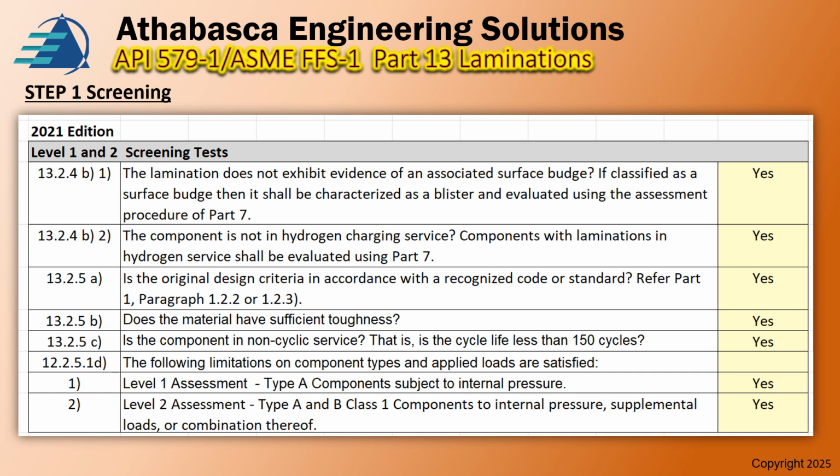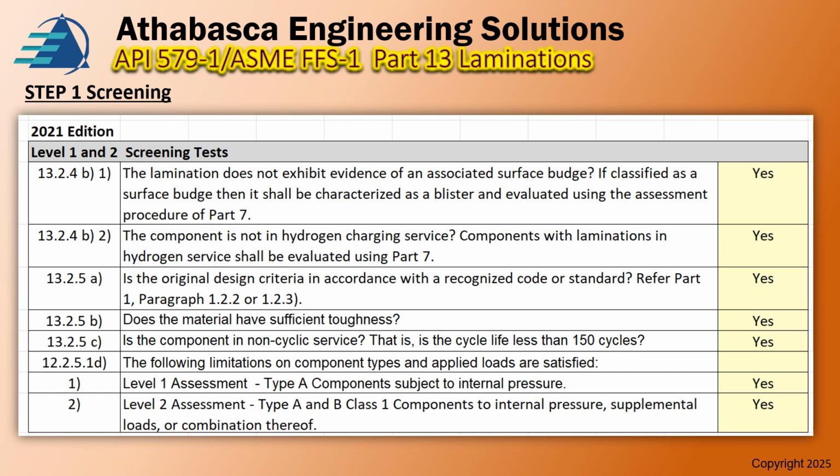That's associated with hydrogen charging, and in other sections we have the effects of hydrogen and blistering. If classified as a surface bulge, then it needs to be characterized as a blister, and then you need to go to Part 7. Basically, then you don't use Part 13, okay?